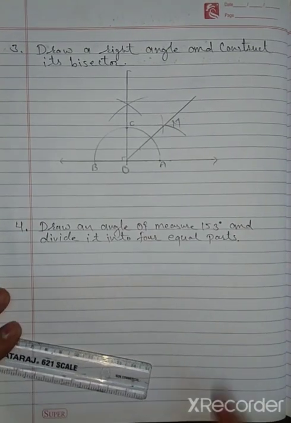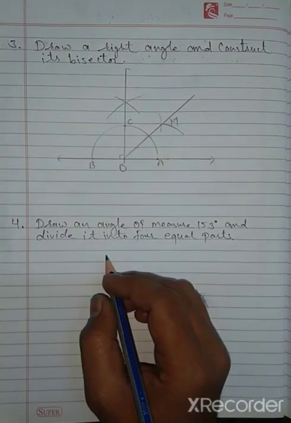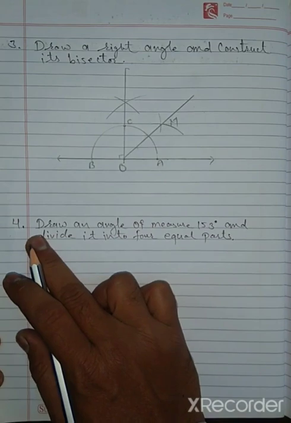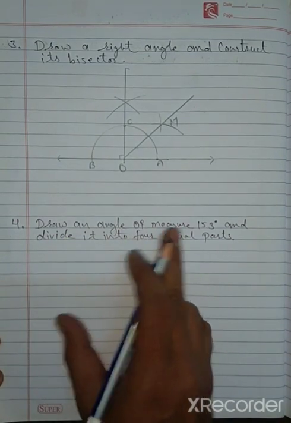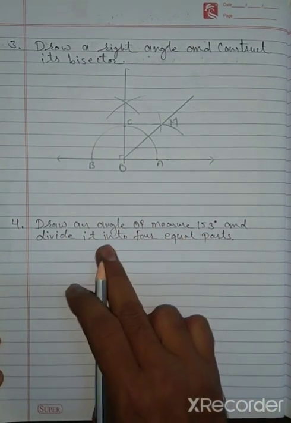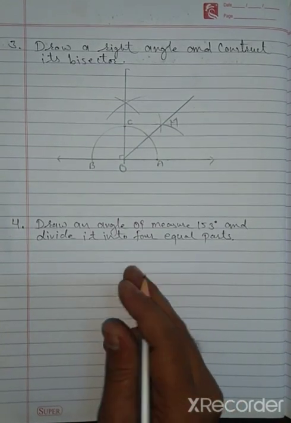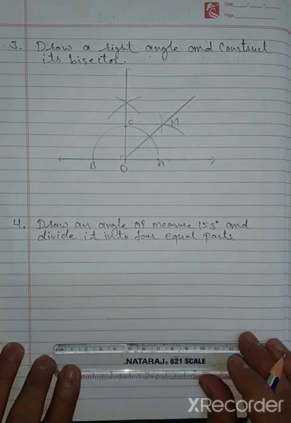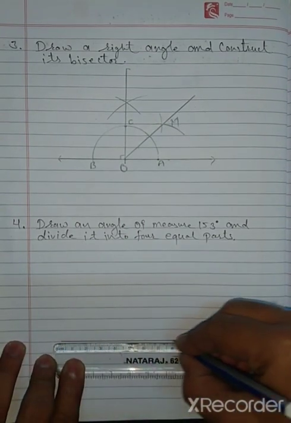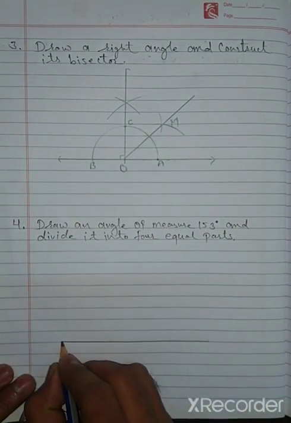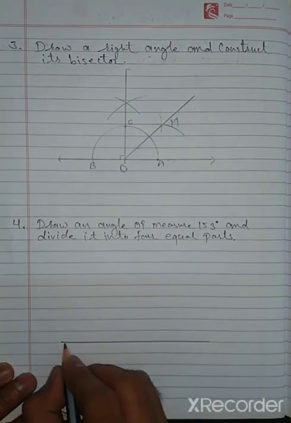Question number 4. Draw an angle of measure 153 degrees and divide it into 4 equal parts. So first of all, to draw an angle we will use our ruler to make a line segment, or you can write a ray like this.